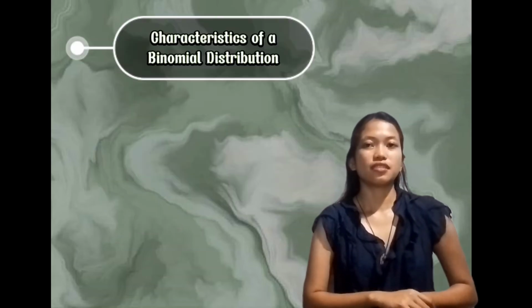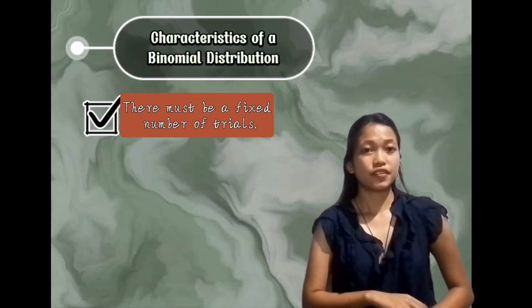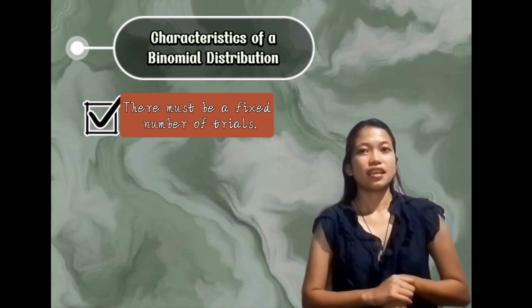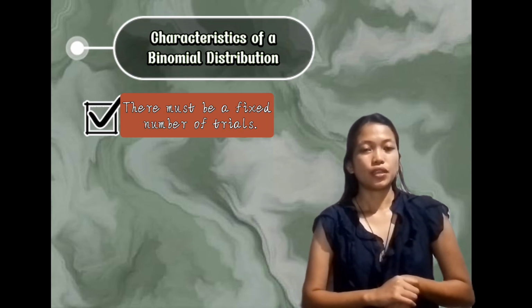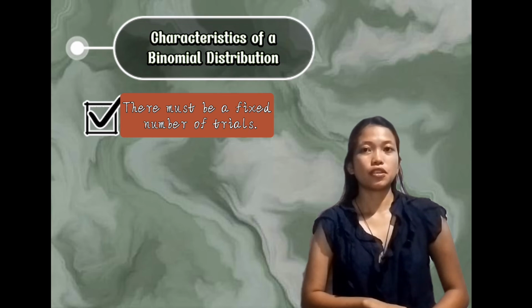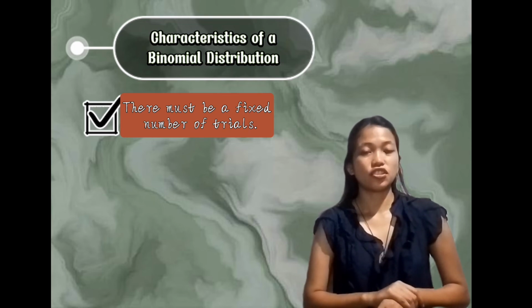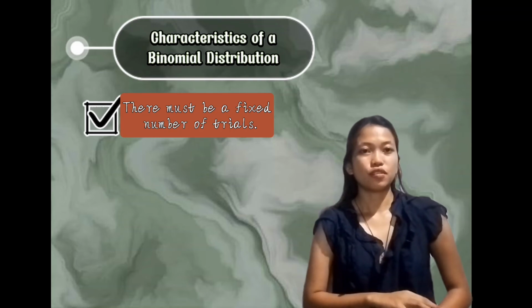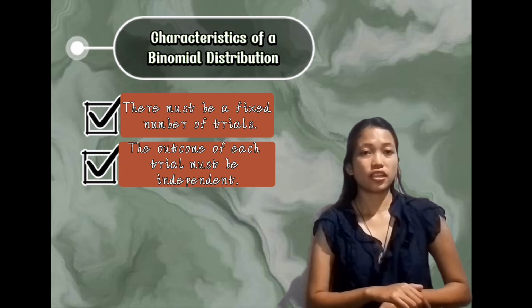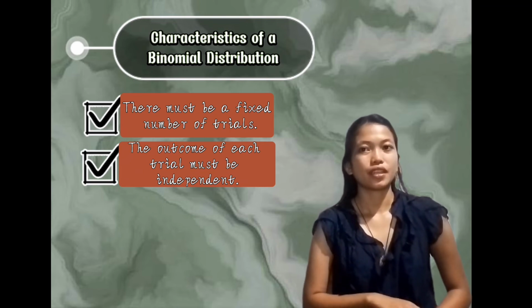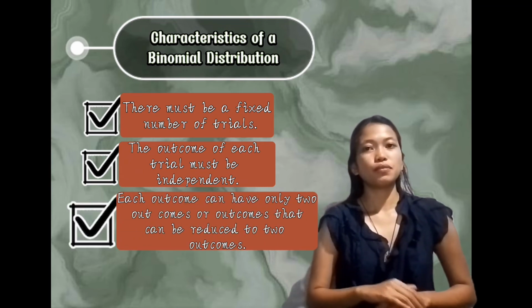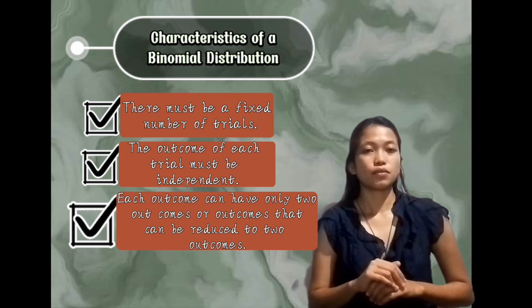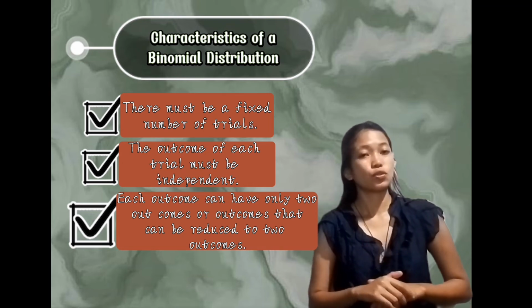First, there must be a fixed number of trials, since we will only use the normal approximation when n is large. Therefore, we should know the value of n, or the number of trials. Second, the outcome of each trial must be independent. Third, each experiment can have only two outcomes, or outcomes that can be reduced to two outcomes.